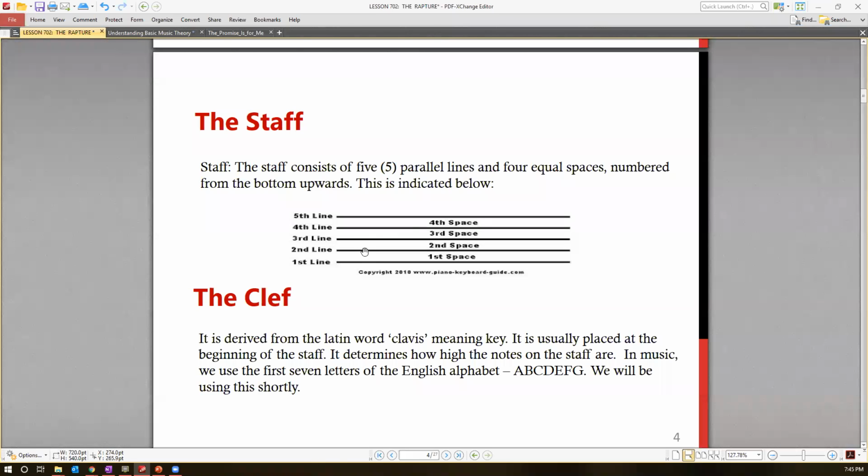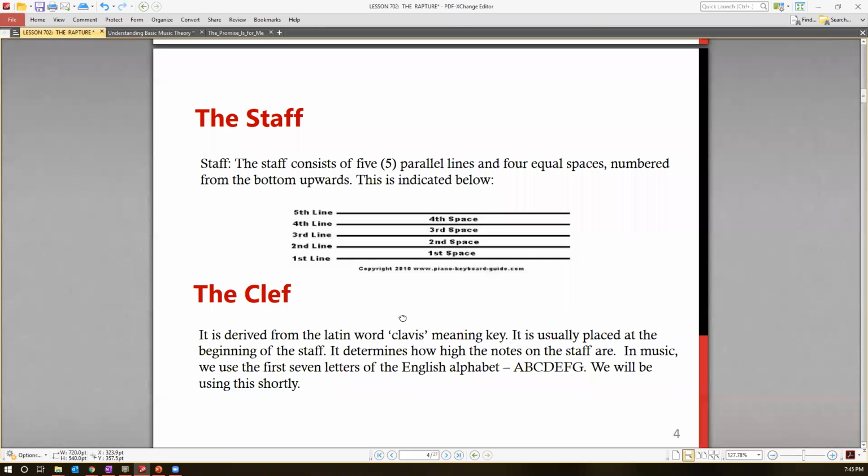Also to note, a staff consists of only, as we said earlier, lines and spaces. The moment we bring in a clef and attach it to this staff, it becomes a stave.